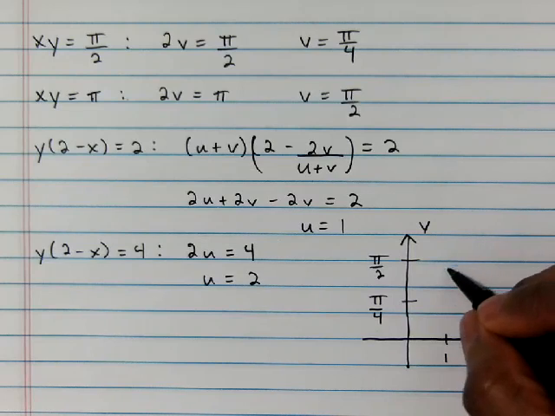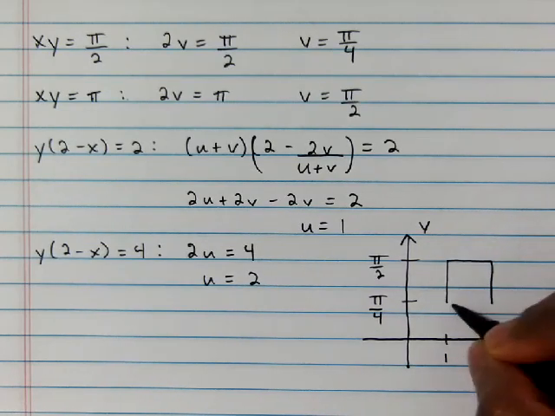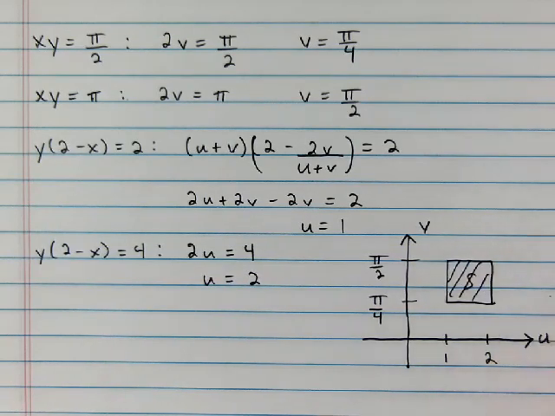So we just end up with something like that. All right, so that's our region S, which is both a type 1 and a type 2 region. All right, so that was step 2.